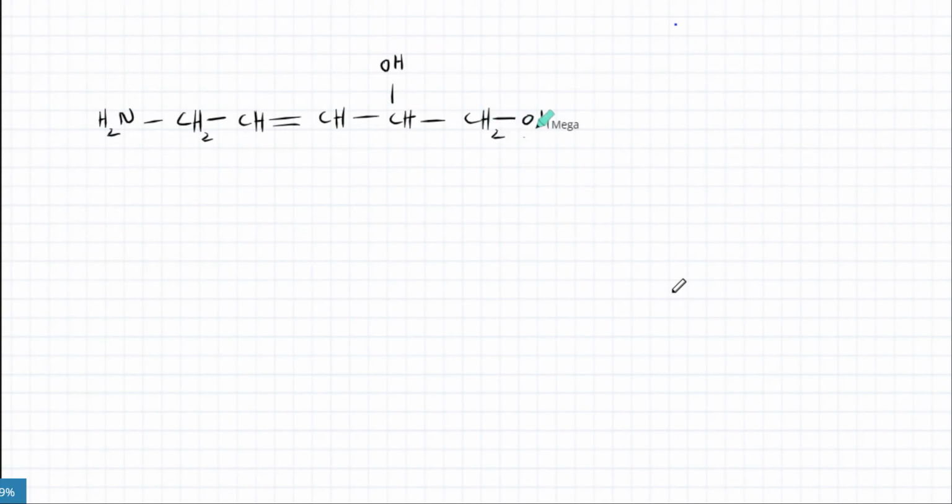Now this molecule, first thing, quickly tell me, anyone, what's the prefix, like how many carbon atoms? Pent. So it's going to be pent followed by "an" or "en". En.